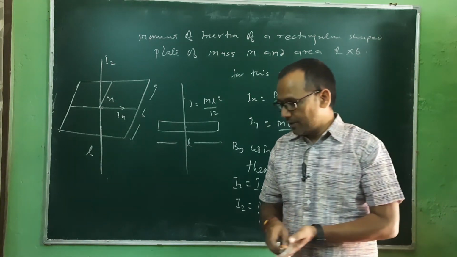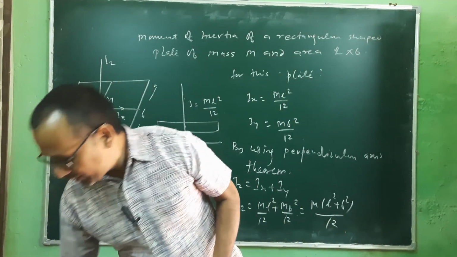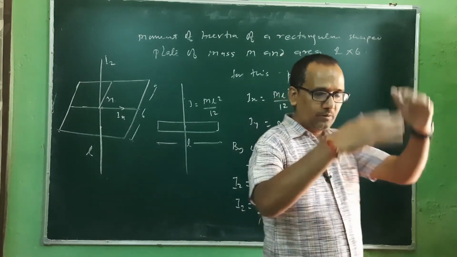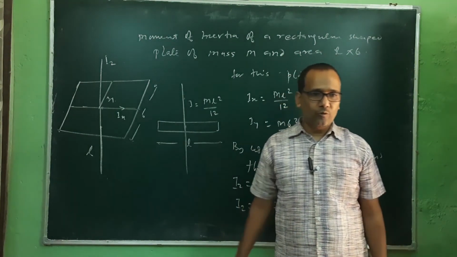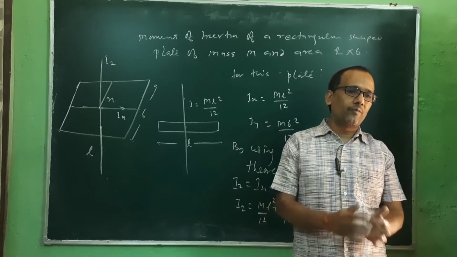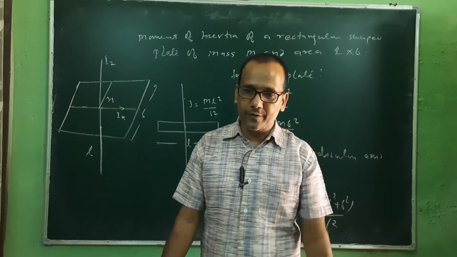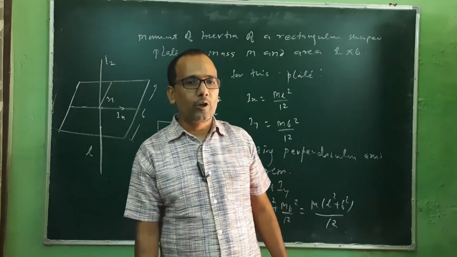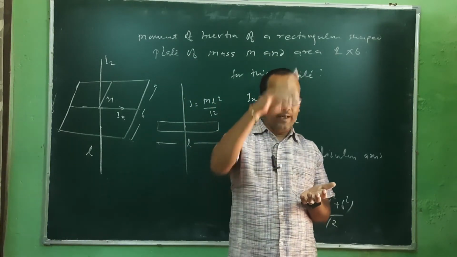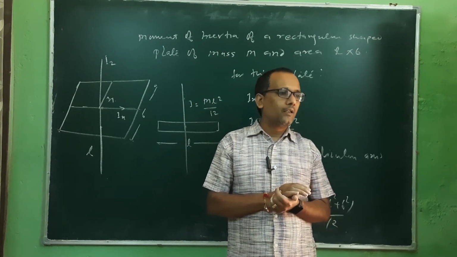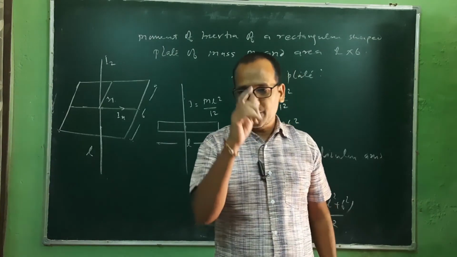So your assignment is just calculate moment of inertia for different bodies. You may have a table of moment of inertia of different bodies and different axis positions. For a spherical body, let's say, we have calculated that moment of inertia around that axis passing through the center.